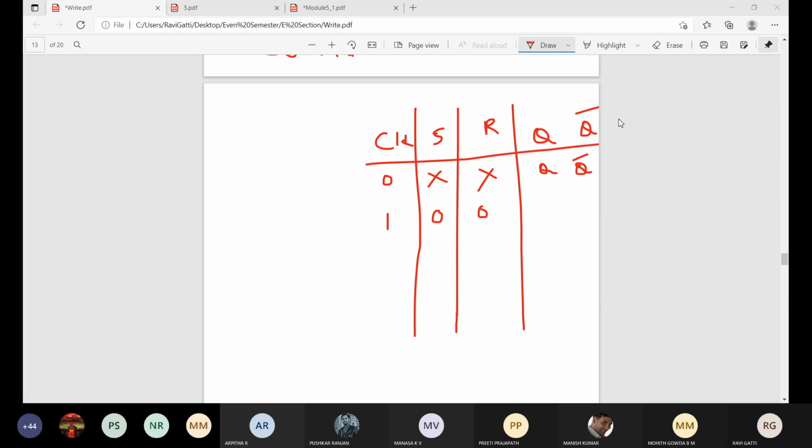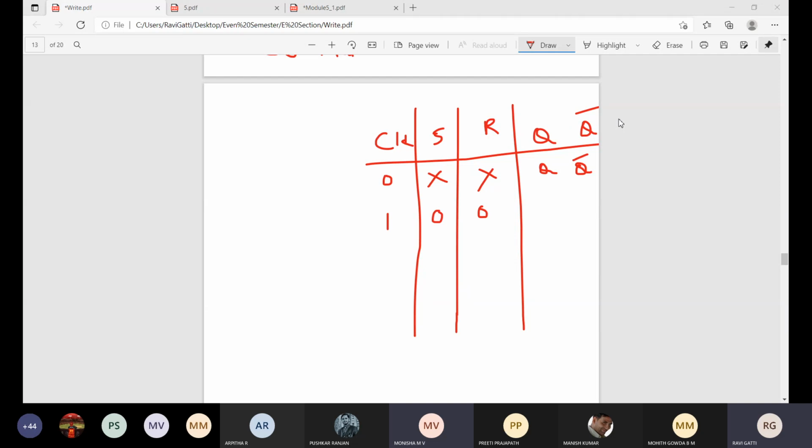Monisha, tell me the output when S is equal to 0, R is equal to 0. What is the output, Q and Q bar? Just now we wrote it in the previous stage.